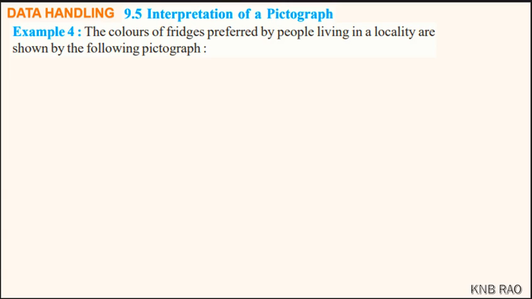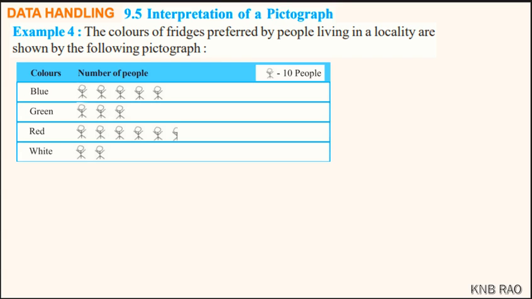This is interpretation. Now I will explain this with the help of example number 4. The colors of a fridge preferred by people living in a locality are shown by the following pictograph.